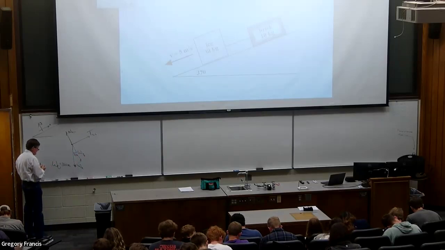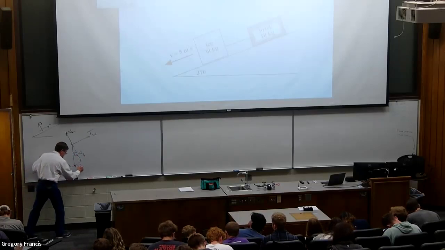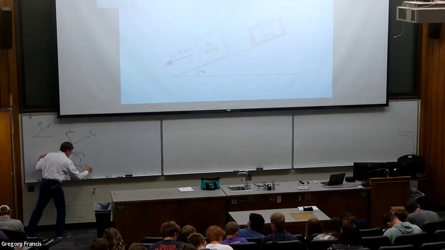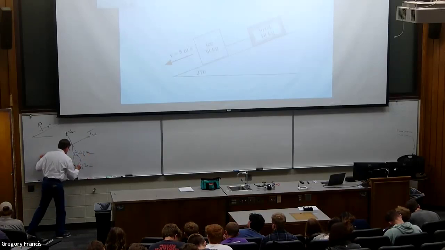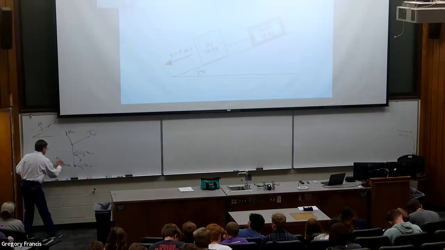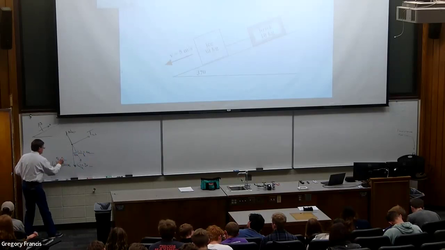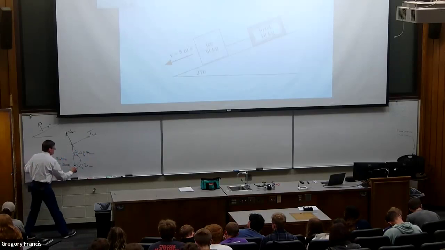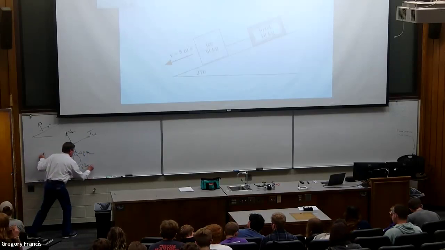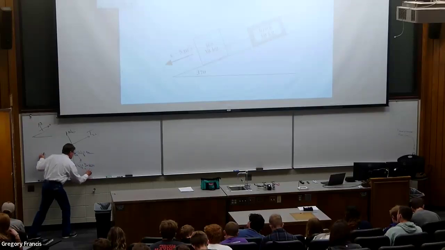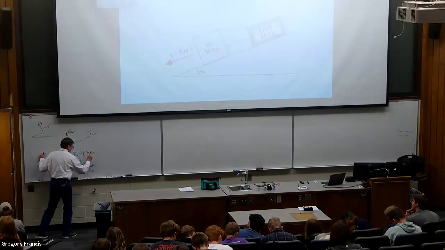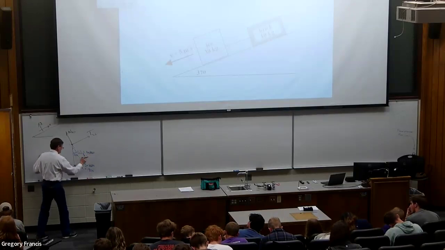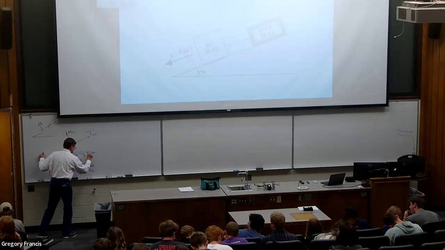And then I can say, well, this is a 3, 4, 5 triangle. This is going to be 3 times something. This is going to be 4 times something. And this is 5 times something. Well, this is 5 times 60 newtons. And so this is going to be 3 times 60 newtons, or 180 newtons. And this is going to be 4 times, no, I said that wrong, 60 newtons.